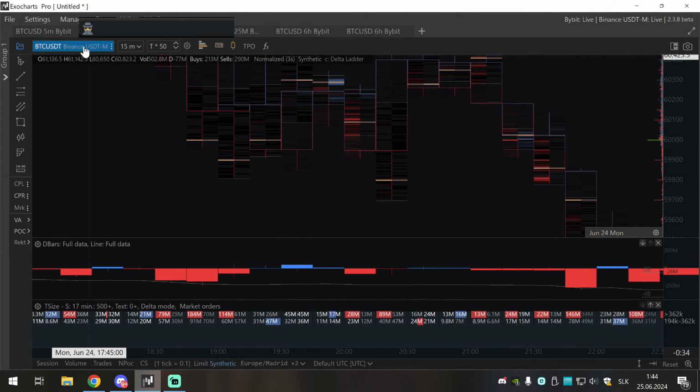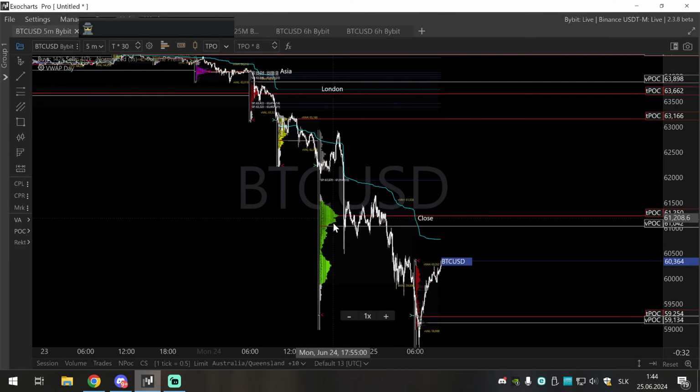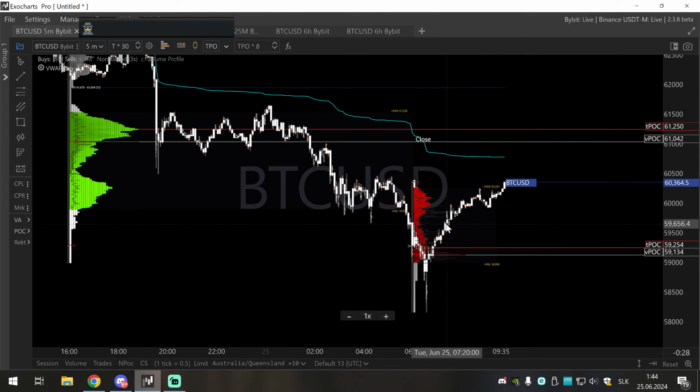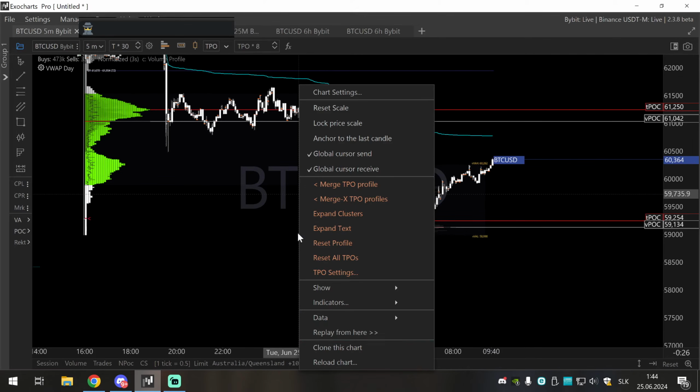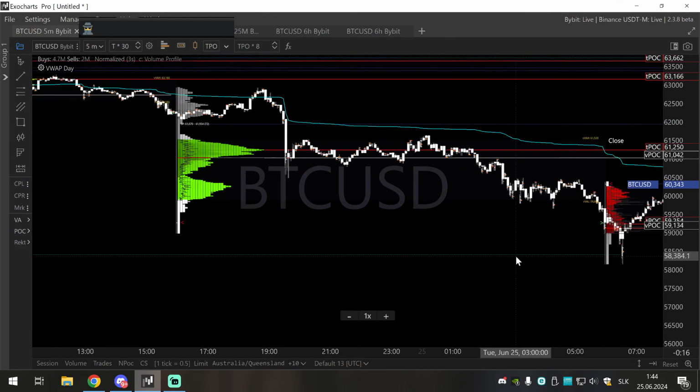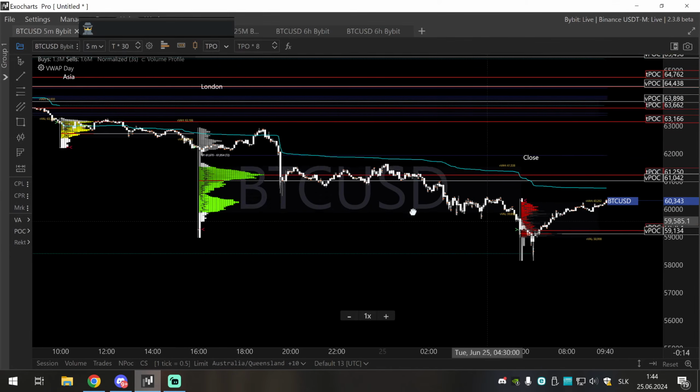Session point of controls. We can have a look at how the session looks, because now from New York. Where is New York? I'm missing New York. Reload. Something is not loaded correctly there. I need to just reload it and we will see. London, where is New York?